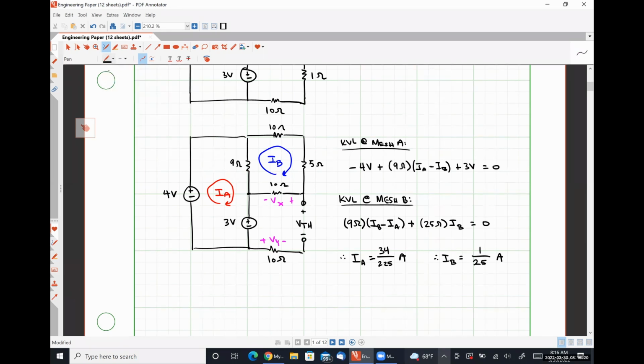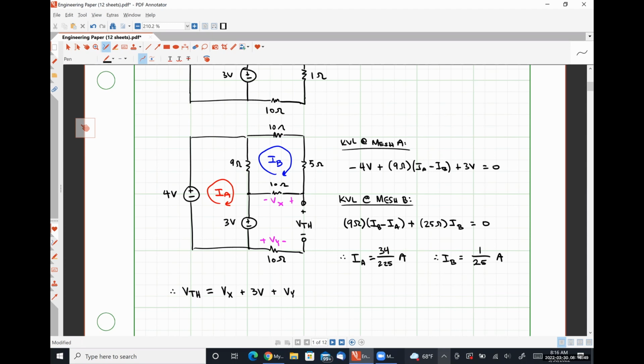And I've chosen these polarities explicitly because they will allow me to write VTH, my open circuit voltage, is VX plus 3 volts plus VY. Everybody okay with that?